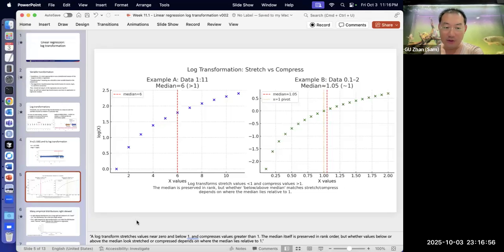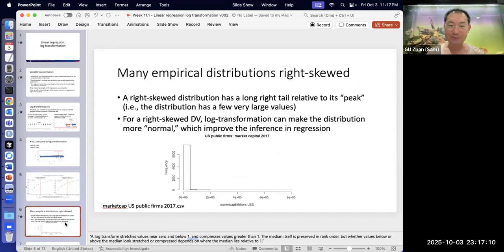So a log transformation stretches values near 0 and below 1, and compresses values greater than 1. That's the characteristic of applying log transformation.